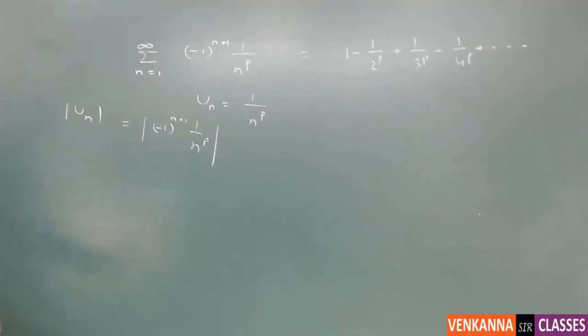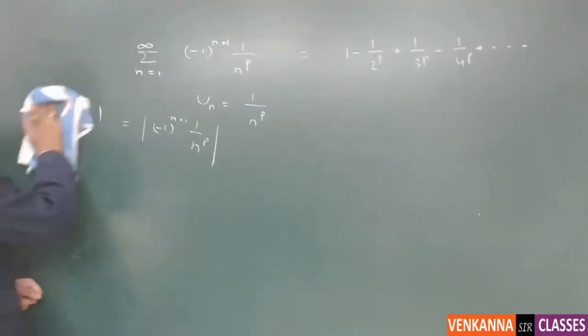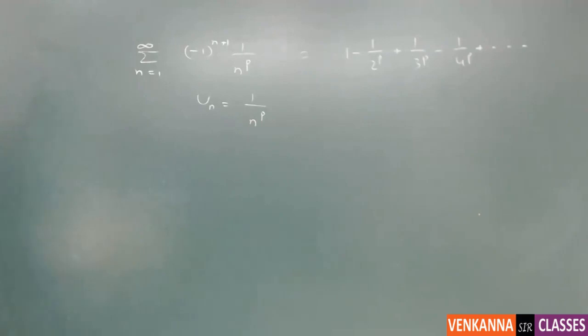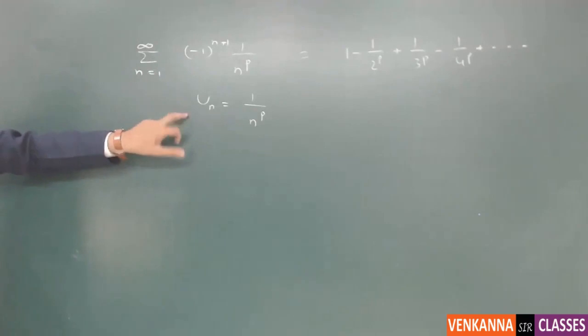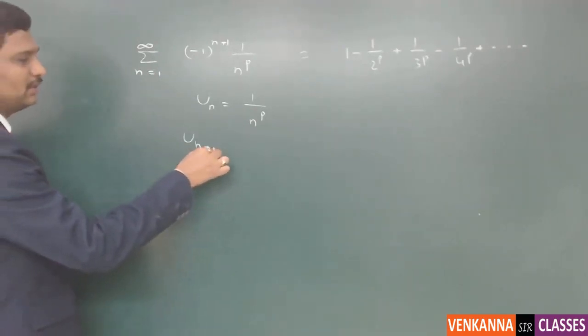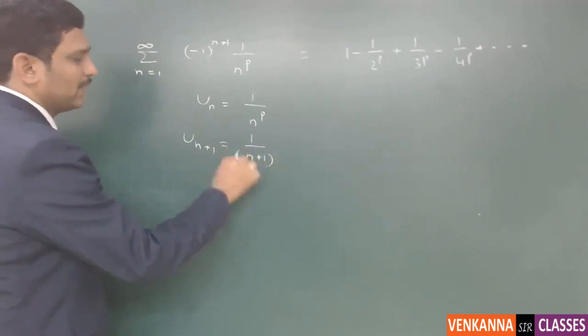Right? Now, whenever an alternating series is there, the only test available is Leibniz test. So Leibniz test says that the sequence you have taken must be decreasing, and if you apply the limit for the nth term, it must be equal to 0, then it becomes convergent. So first I must prove that it is decreasing. If you take un plus 1, it will be 1 by n plus 1 whole power p.